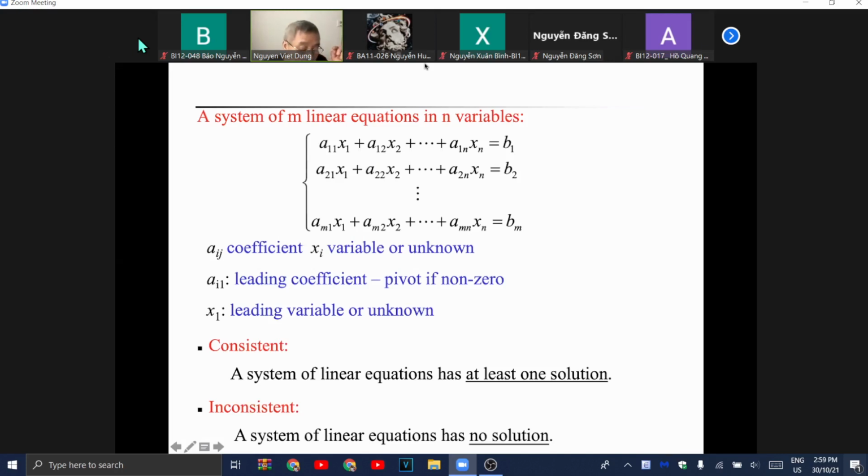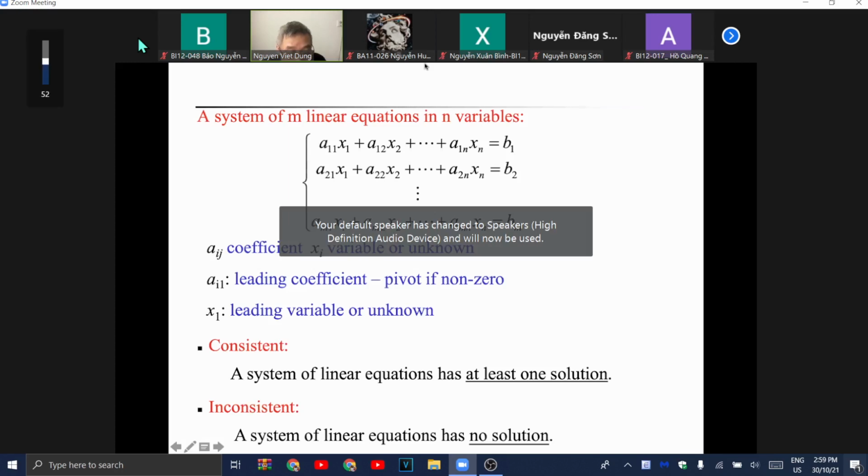In that case, the unknown x1 will be called the leading variable or leading unknown. A system of linear equations is consistent if it has at least one solution, and if it has no solution, we call it inconsistent.